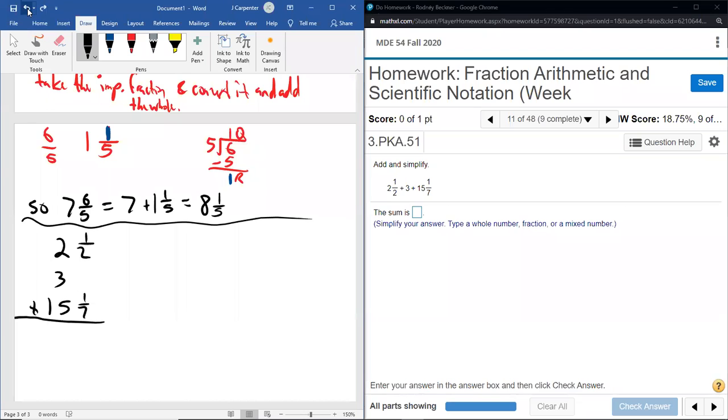So we just really need to focus on the top and the bottom. The LCD between 2 and 7 is 14. I will leave you to establish that. So this problem would be equivalent to 2 and something over 14 plus 3, and we're not worried about that one, plus the 15 and something over 14.